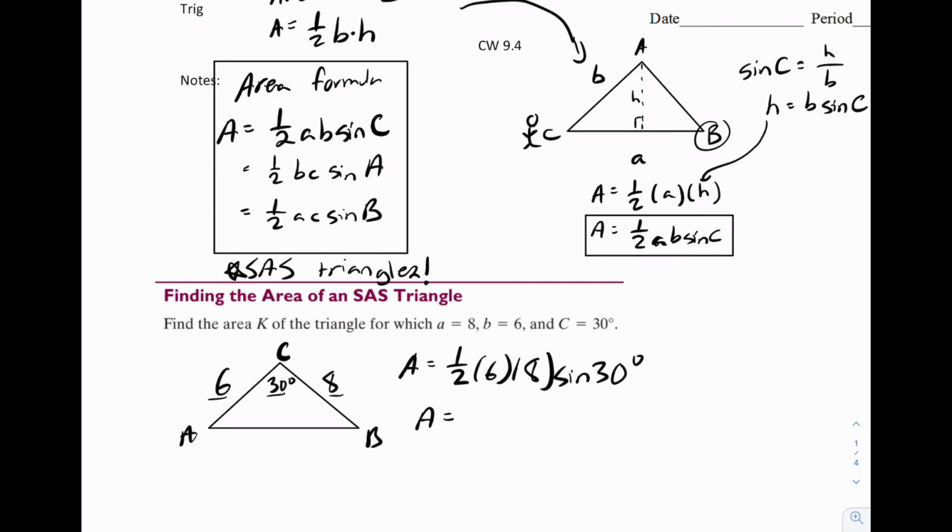Now you could use a calculator, but there's no need to, because we know what 1/2 of 6 is. That's 3. 3 times 8 is 24. And then sine 30 is 1/2. So the area is just 12, and I'll write u squared for units. And there's our first problem done.